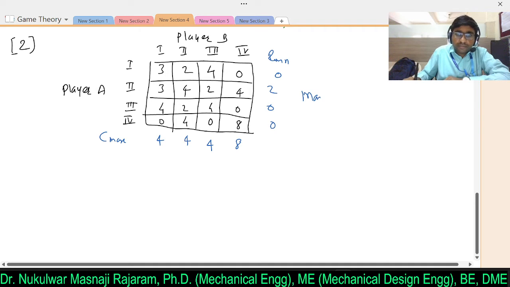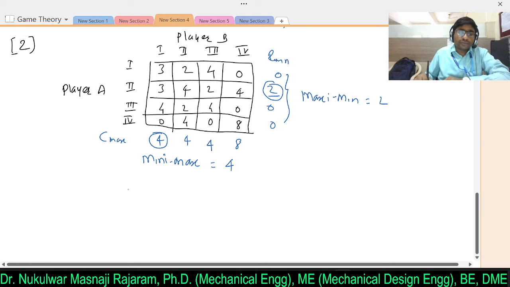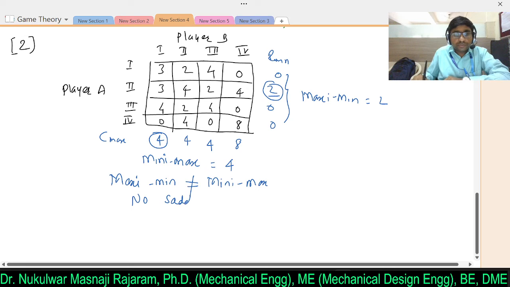So I will check maximin, it will be 2, and if you consider the minimax, that will be the minimum value from the maximums, that will be 4. So if you compare the value of maximin, it is not equal to the minimax value. So we can say no saddle point.